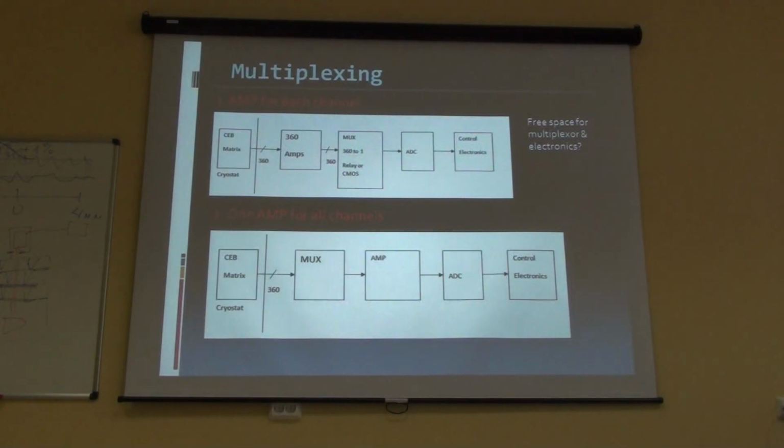So here is some possible realization of multiplexing. The first is the same as we have now: only 360 wires go to the amplifiers box, and then multiplexing before the ADC and control electronics with special software and so on. The second approach is to first multiplex somewhere in the cryostat, maybe if we have enough power budget.